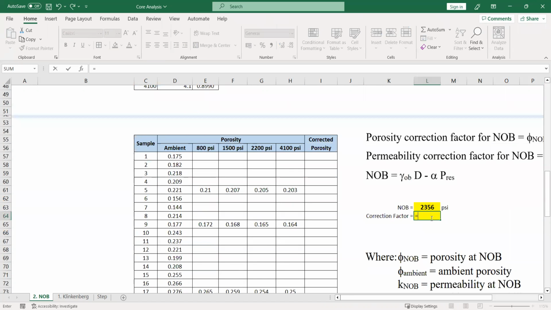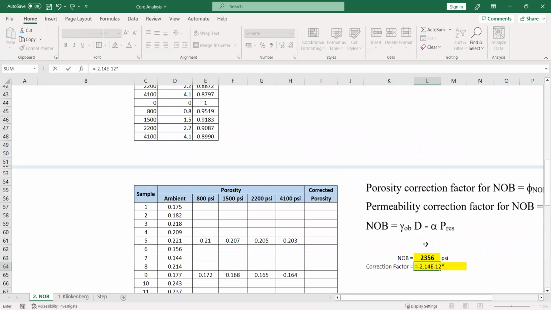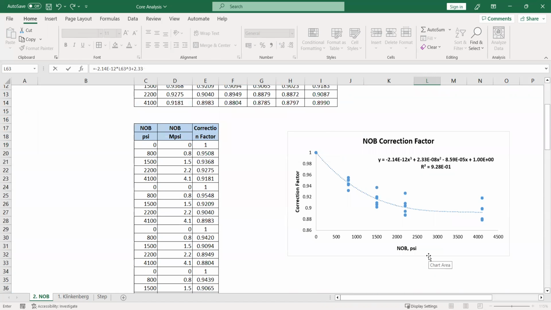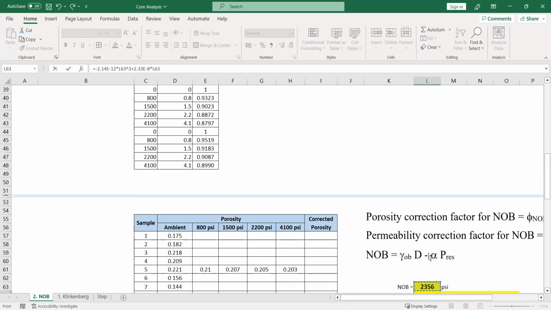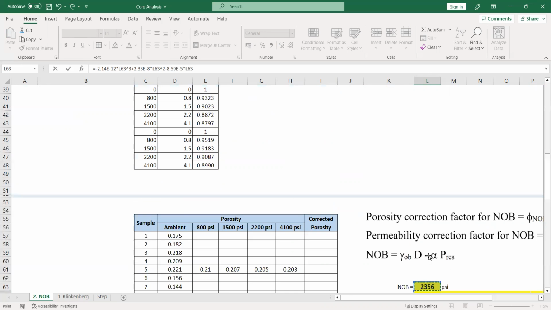Okay, so it should be minus 2.14 e to the power of minus 12 multiplied by NOB to the power of 3, and then plus 2.33 e to the power of minus 8 multiplied by NOB squared, and then minus 8.59 e to the power of minus 5 multiplied by NOB.